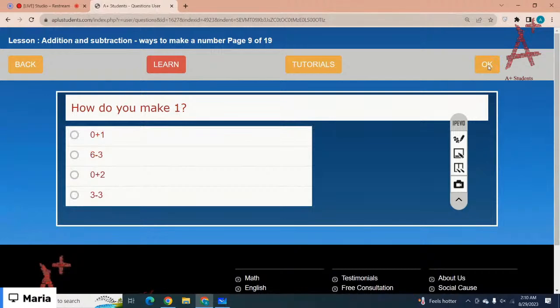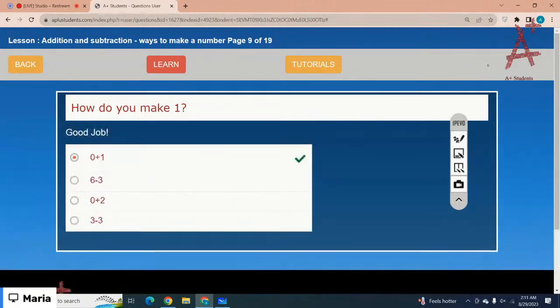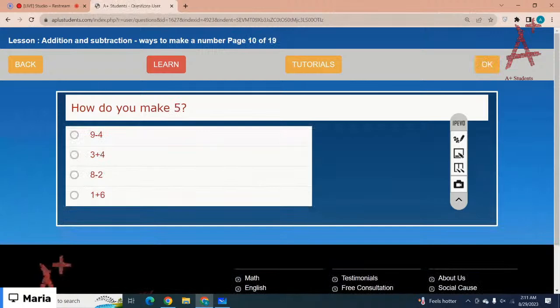Okay, how do you make 1? Which is the correct option? The correct option is option number 1. 0 plus 1 makes 1. That is the correct option. How do you make 5?